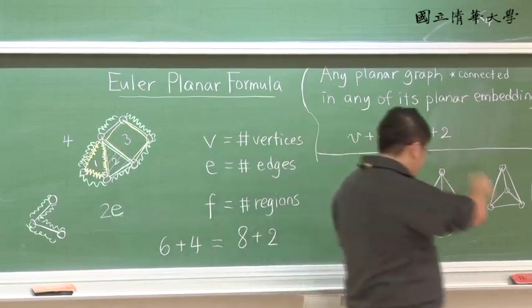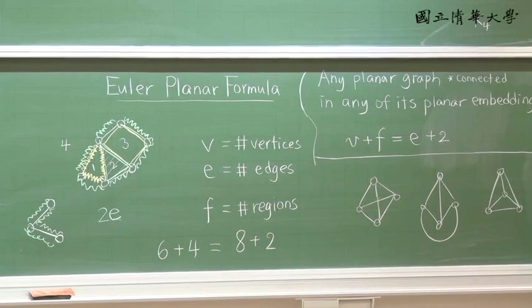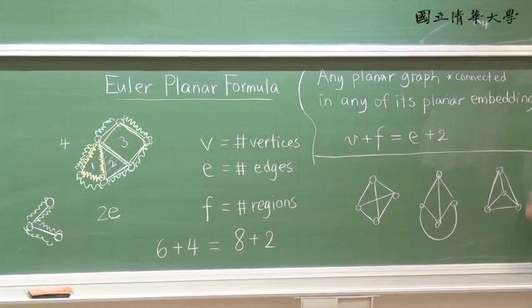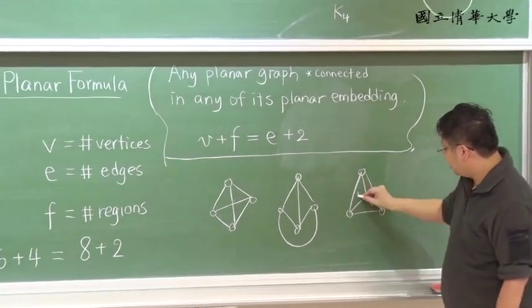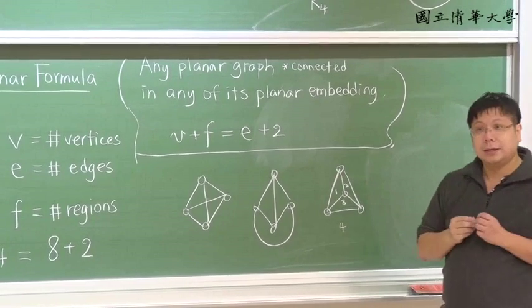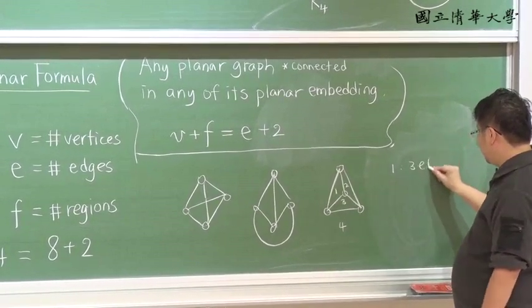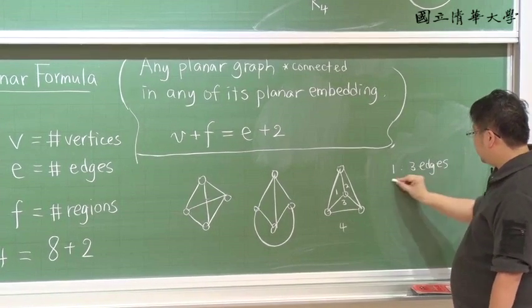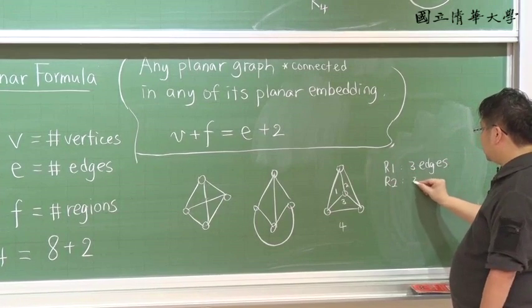Okay, so maybe let's look at this as an example. This is easy. There's region 1, region 2, region 3, and region 4. Is that okay? Now for region 1, we are using 3 edges. Region 2, we are also using 3 edges.